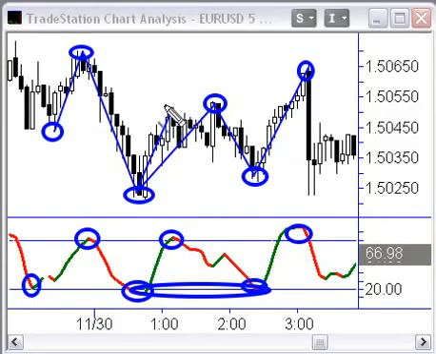And you're not going to be sure where that high really is until the oscillator comes all the way back down to 20. That's a bit of a problem when you're trading on the hard right edge of the screen. Again, it's great for hindsight and for analysis, not quite as ducky when you're trading live intrabar on the hard right edge of the screen.